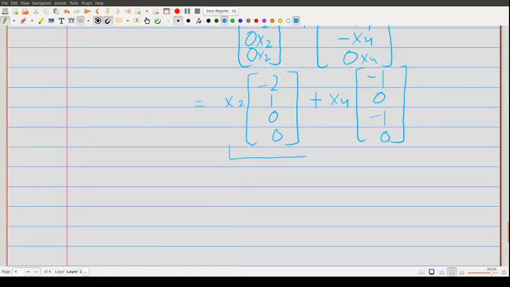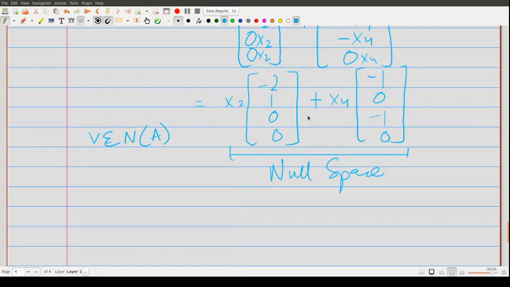So this gives me my null space, because these are the solutions. All vectors v in the null space will be of this form.